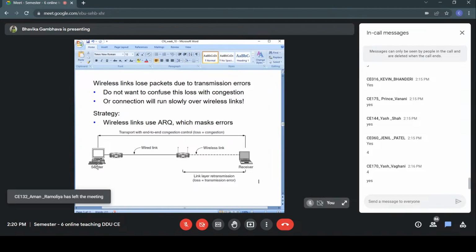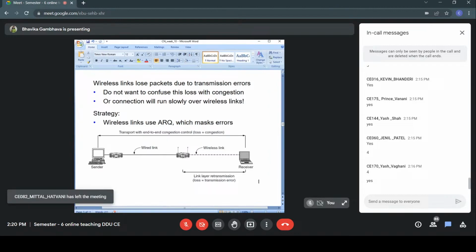What can we do? The sender is sending data, the base station will store it. And it will send the acknowledgement to the sender that yes, data has been received. So in this part, if everything is well, like if bandwidth is proper and you are sending data according to that, acknowledgements will be generated by the base station itself. And the sender will keep sending data at the same rate.